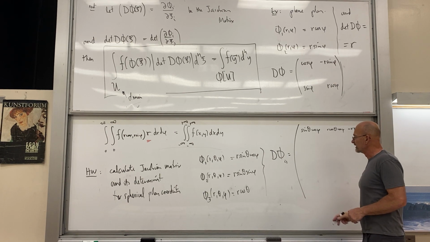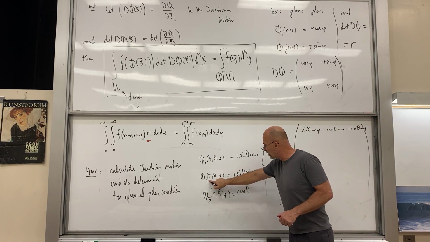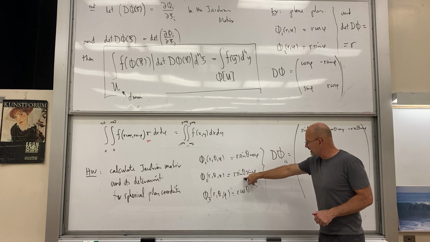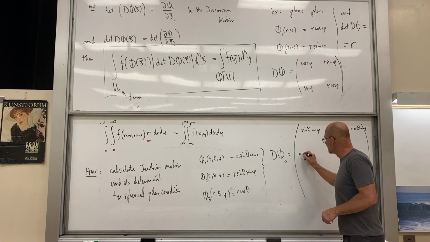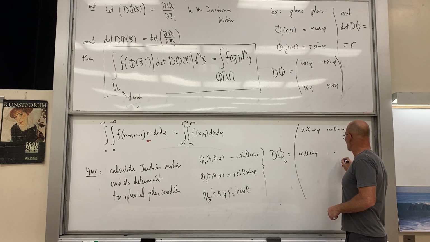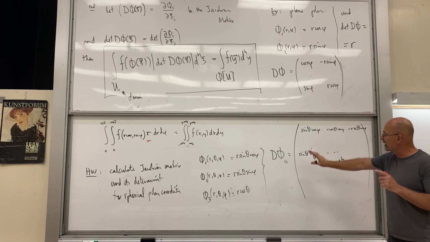cos phi. And then you go through here as well with respect to r, sine theta sine phi, etc. I'm not going to write them all out. So you have that 3 by 3 matrix.